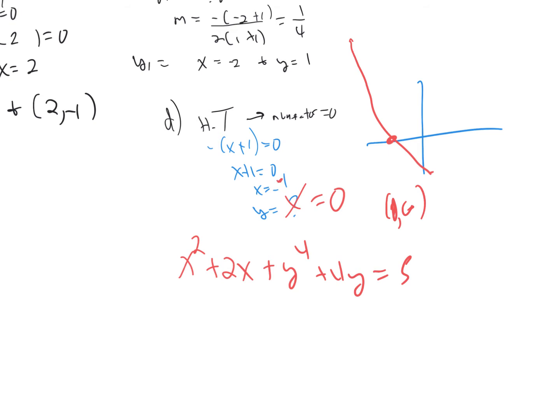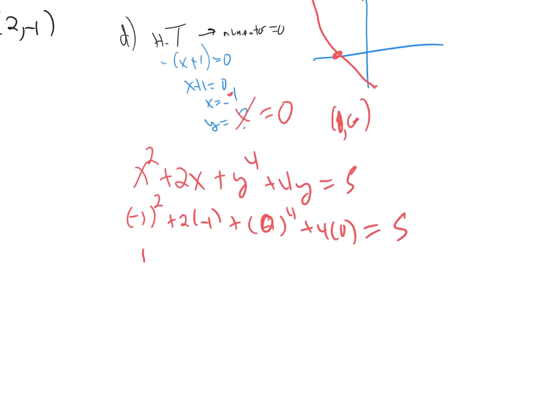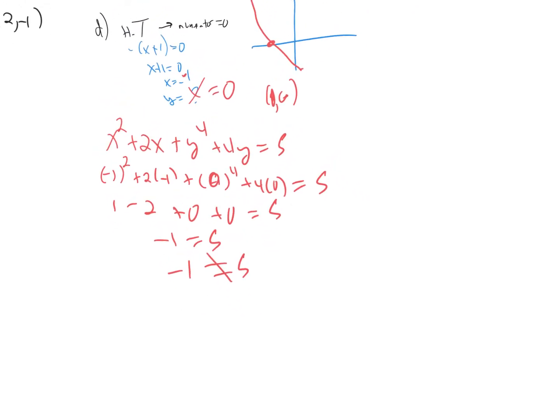Come on, Cartwright. All right, I'll write it out. Negative 1 squared plus 2 times negative 1, plus 0 to the 4th plus 4 times 0. If I don't write it down, I'll mess up. Is that possible? That's what we're asking. 1 minus 2 plus 0 plus 0, is it 5? Negative 1 is 5. And negative 1 does not equal 5, so you cannot have the horizontal tangent.